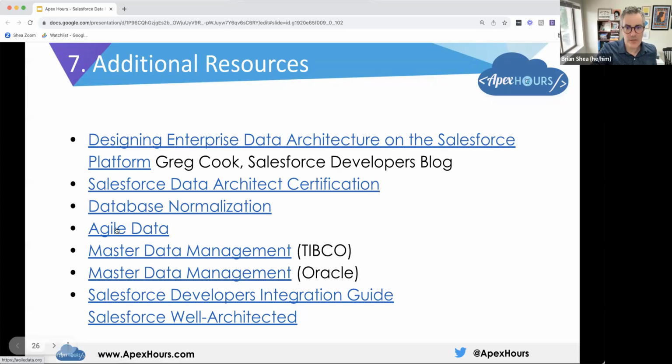Agile Data is a site maintained by a professional by the name of, I believe, Scott Ambler, who's done a lot in the space of not just data modeling, but how to do it in an agile-like way, as opposed to an upfront waterfall-like way. Great resources here. A couple of sites that talk about master data management, and the Salesforce Developers Integration Guide that I mentioned before, and we're missing a bullet here, but Salesforce Well-Architected is a resource that you should check out as well.